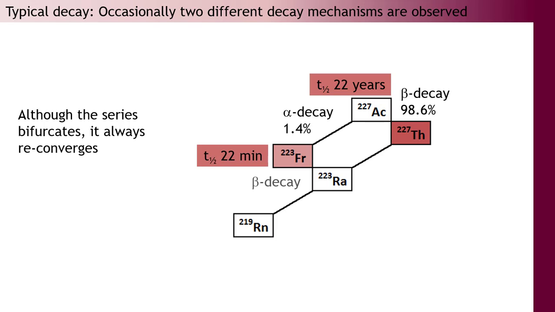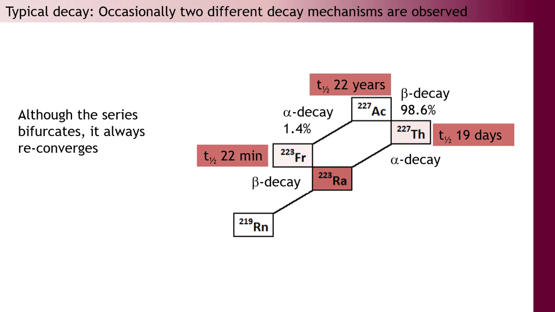Although this bifurcation results in two different daughter products, it turns out that francium-223 very quickly decays by beta emission to form radium, and the other element, thorium-227, decays by alpha decay to give the same radium isotope, and thus the series reconverges.